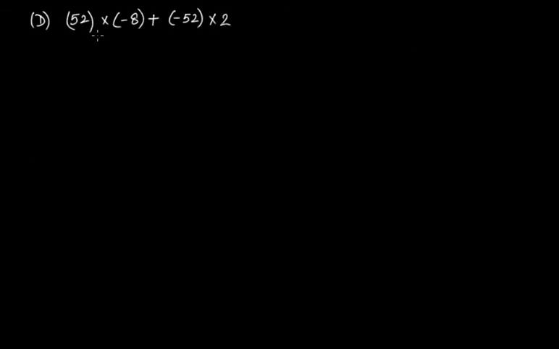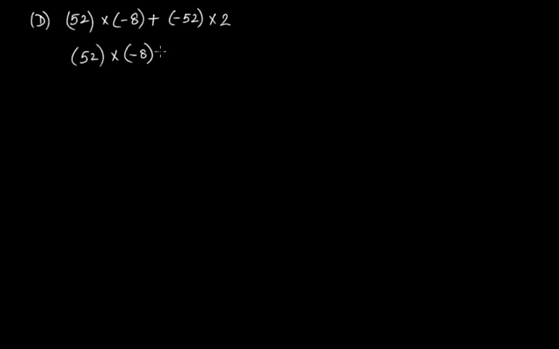Now you have this question. Observe this question very properly and focus on this, and you will find that you have 52 and here minus 52, as these are common. Okay, these are common numbers, but here you have a minus sign with the 52. So what we can do is we can write it like this. This is 52, this is times minus 8, right?